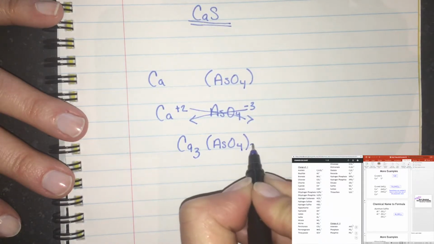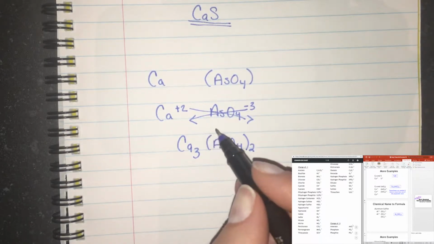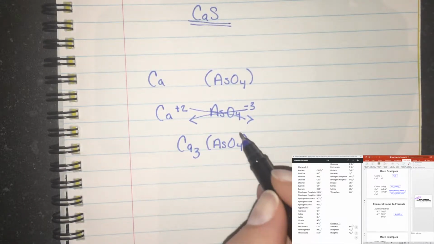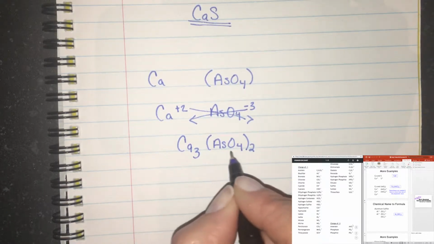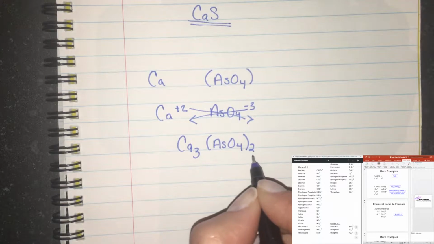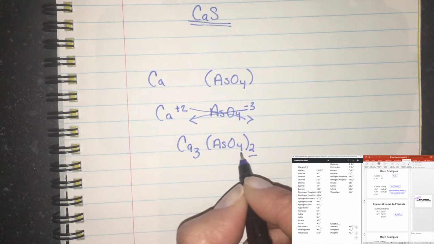(AsO4)2. Now, if you want to just be safe, this is just like pronouns in a lab report. If you want to be safe, if you're not sure how to do it, it's always okay to have parentheses, okay? But the rule with parentheses: if you have more than one of the polyatomic ion, you must put it in parentheses.